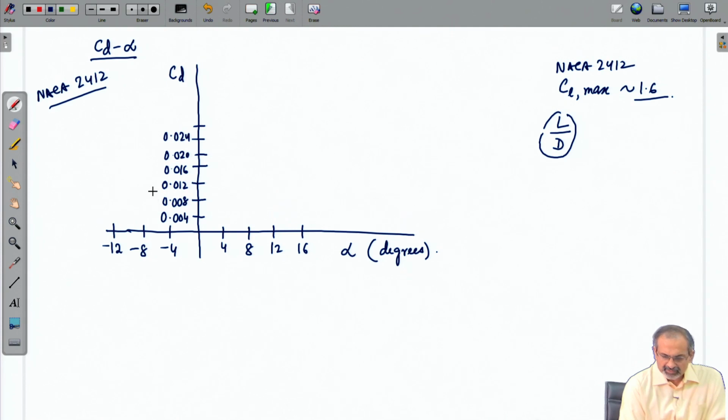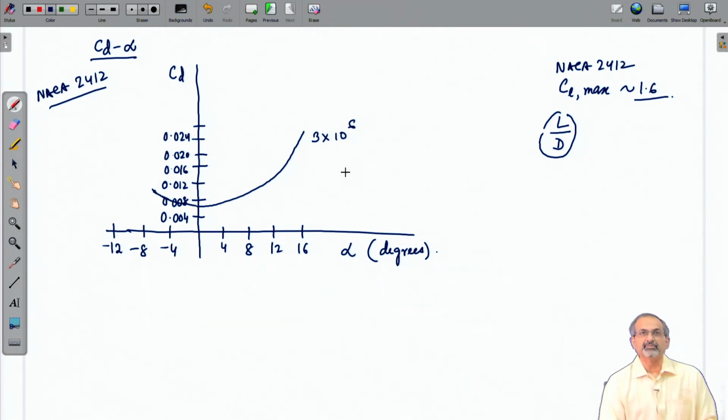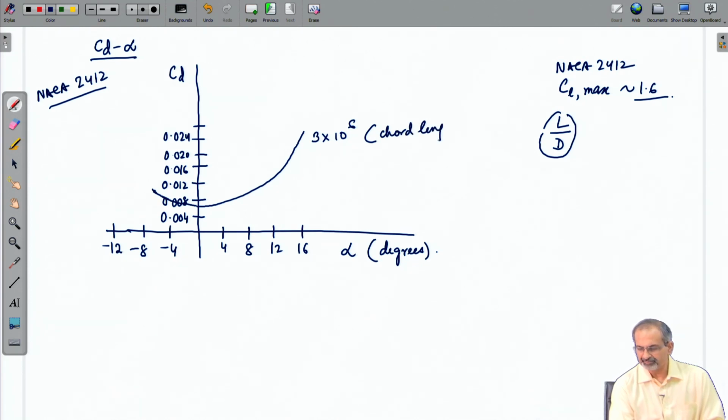So, it looks more like this. This is at around Reynolds number of 3 into 10 to the power of 6, that means 3 million, based on the chord length.